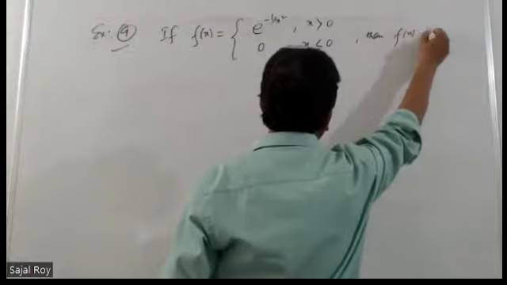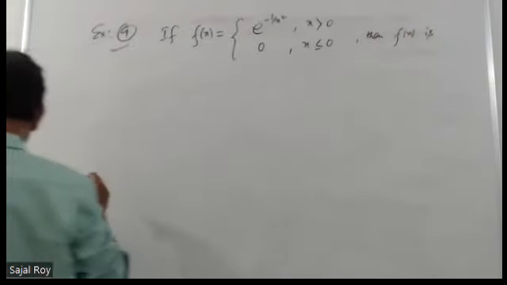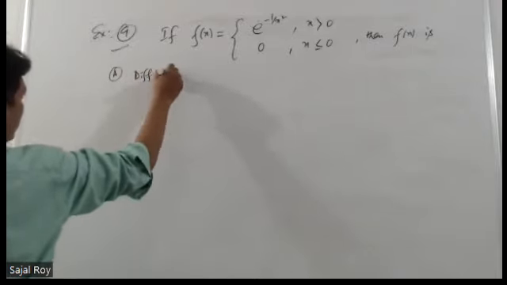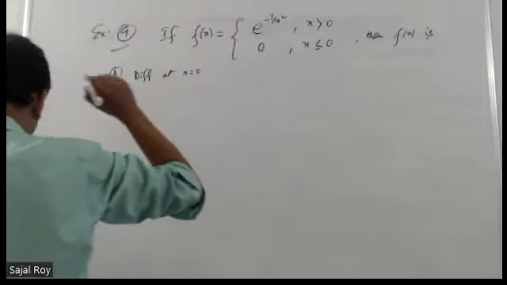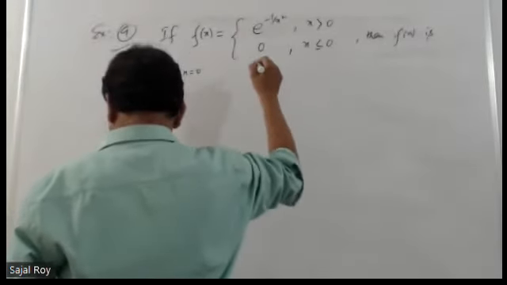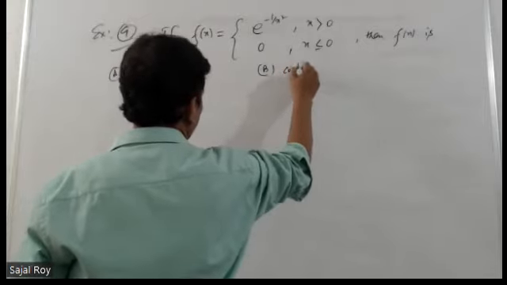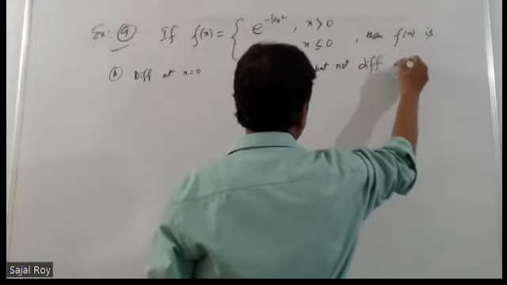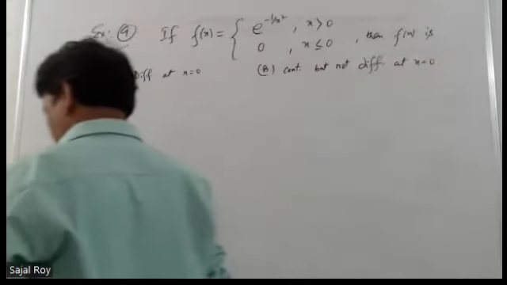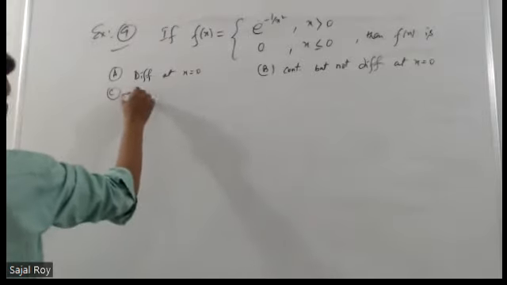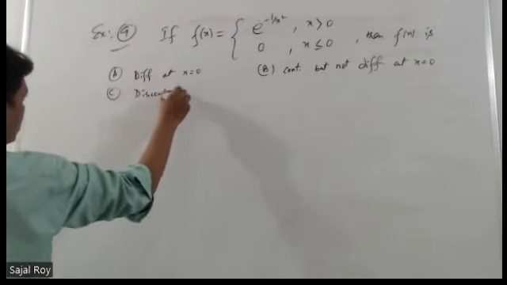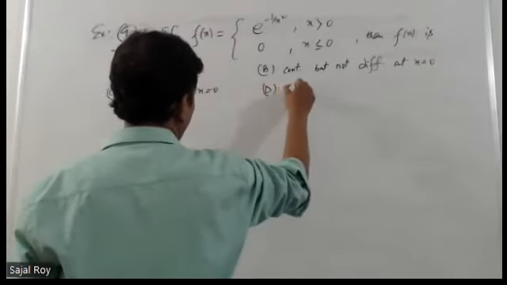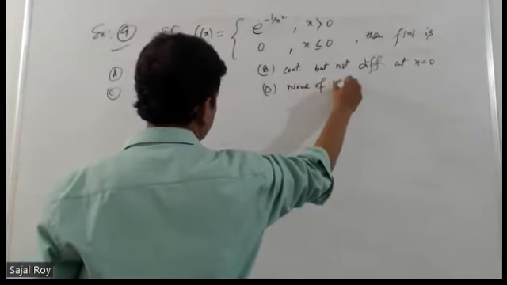Then f(x) is: differentiable at x equal to 0, continuous but not differentiable at x equal to 0, discontinuous at x equal to 0, none of this.